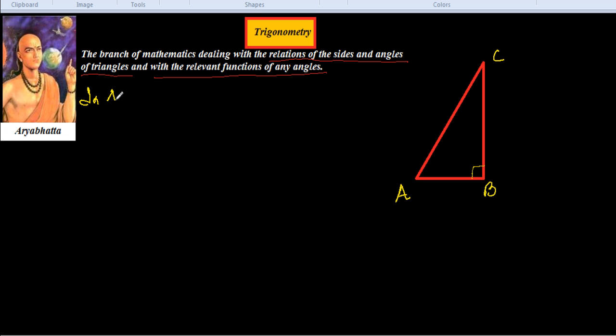In triangle ABC, here angle B is equal to 90 degrees.